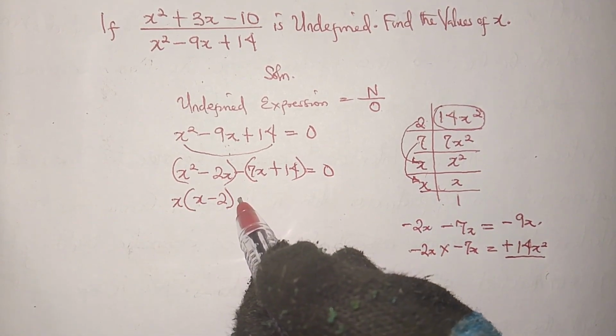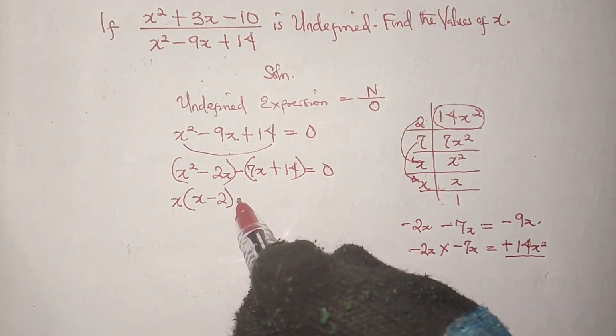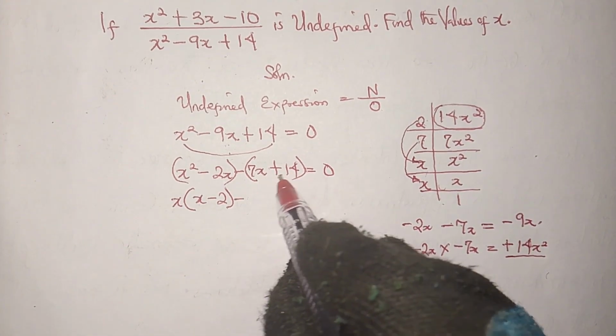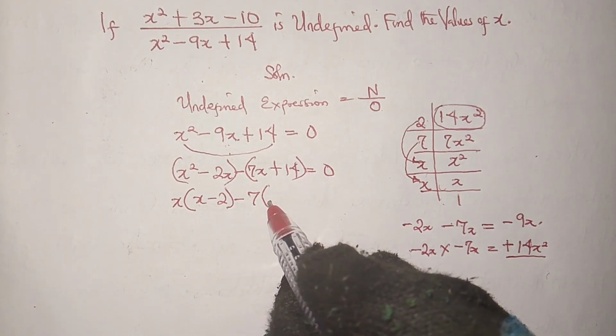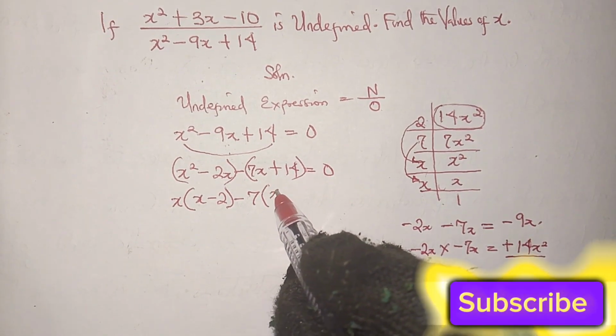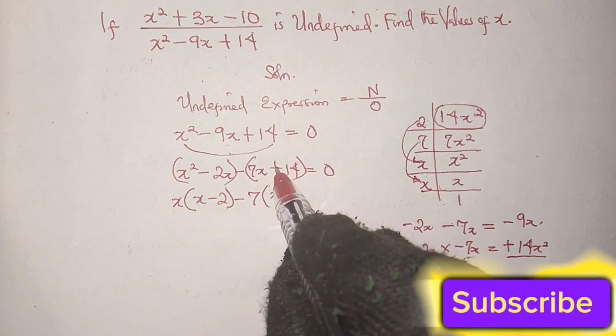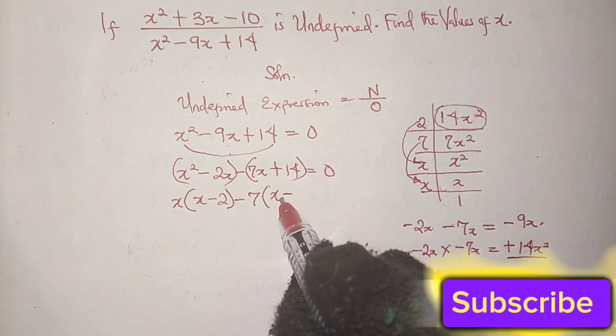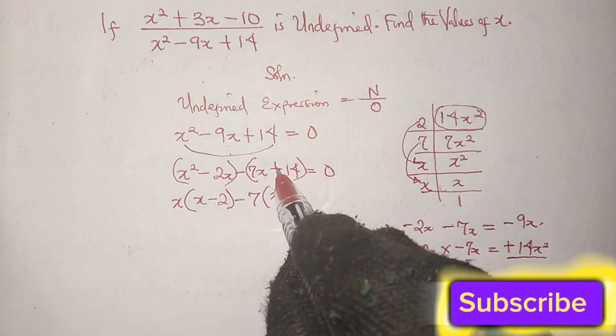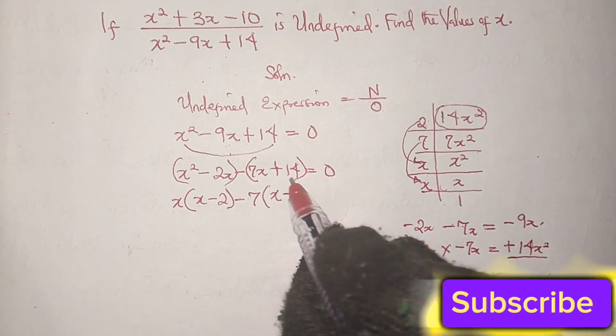In the first bracket, we'll bring down the sign in between the two brackets here, and there's a common factor in the second bracket, which is 7. And if we bring out 7 as a common factor, we are left with x. And for us to have positive here, it then means the sign here will be minus, because minus multiplying minus will in turn give us a plus sign.